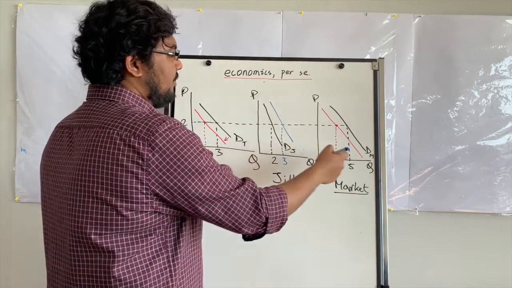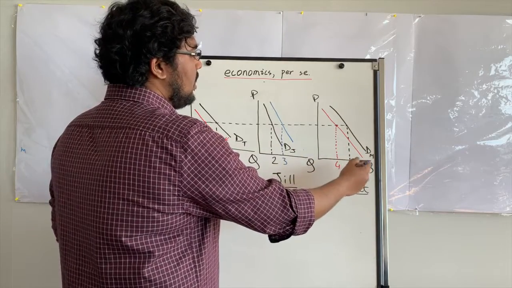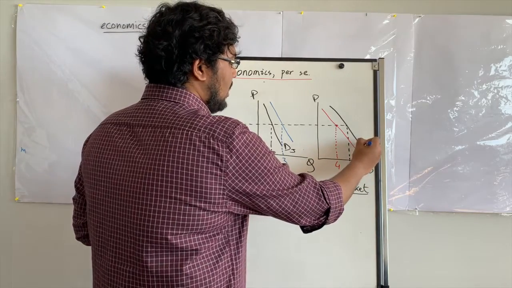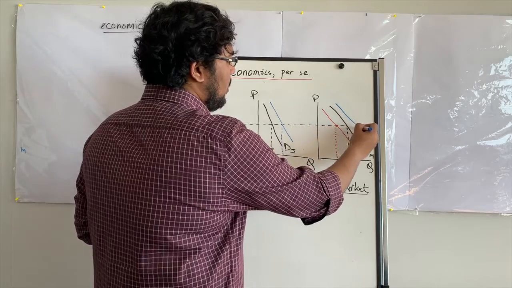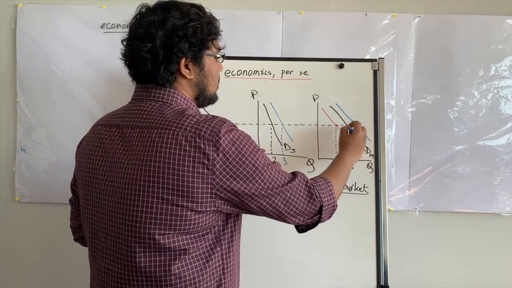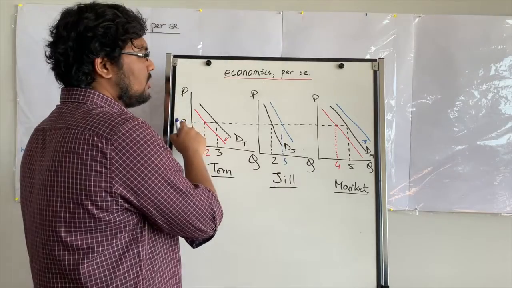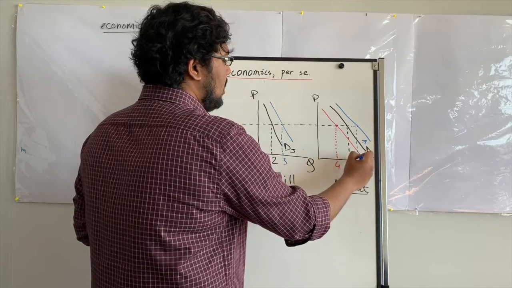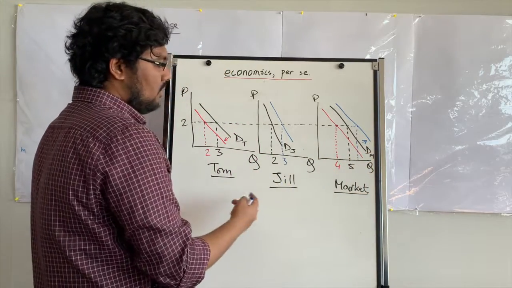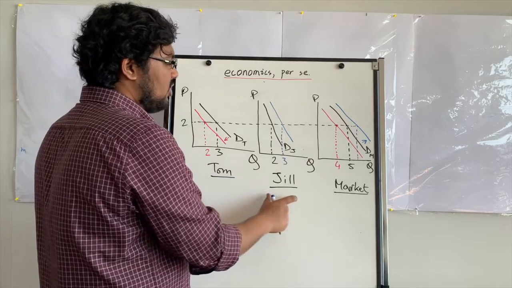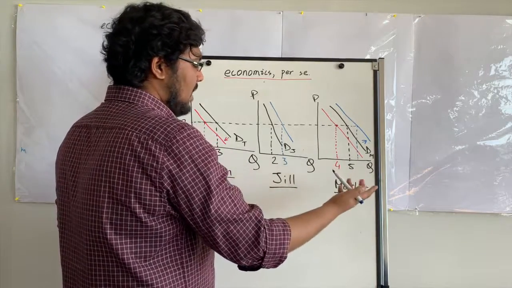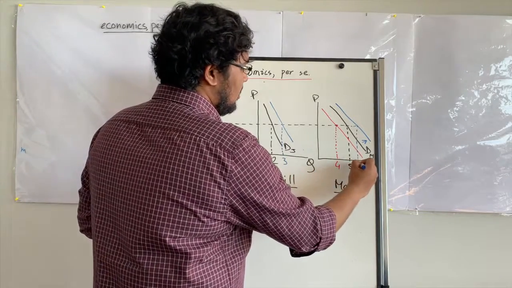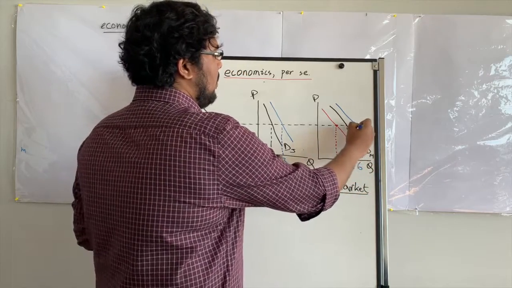And this change would reflect in the market for apple by shifting the market demand curve rightward, where at a given price of $2 per kilogram in the market, the two individuals, Tom and Jill, are collectively demanding 3 plus 3, 6 kilograms of apples.